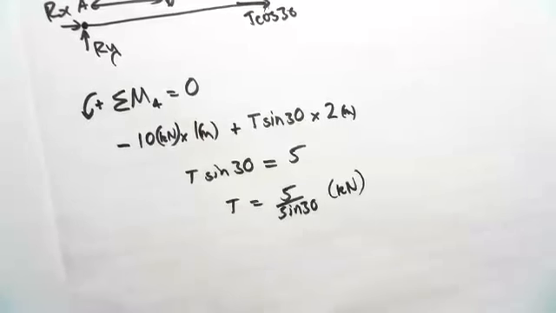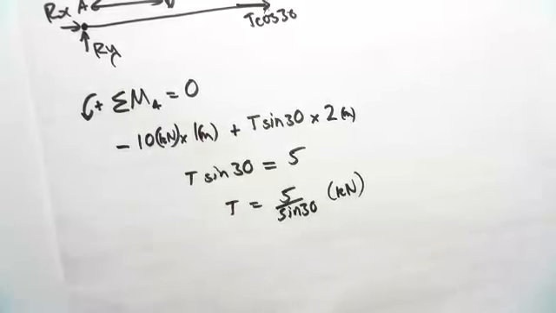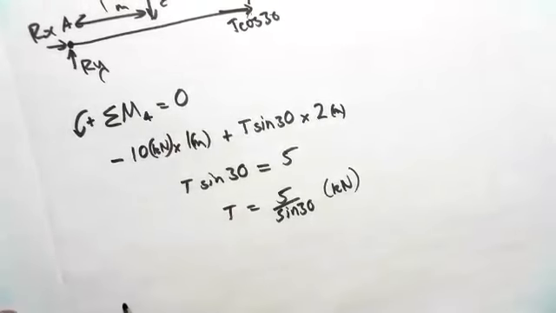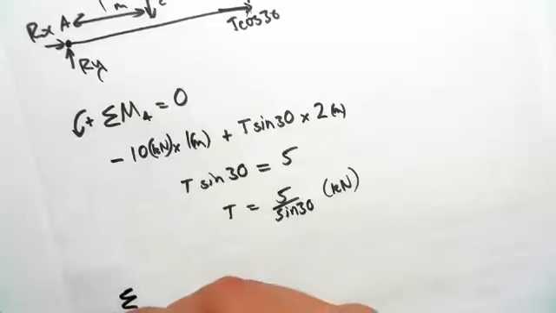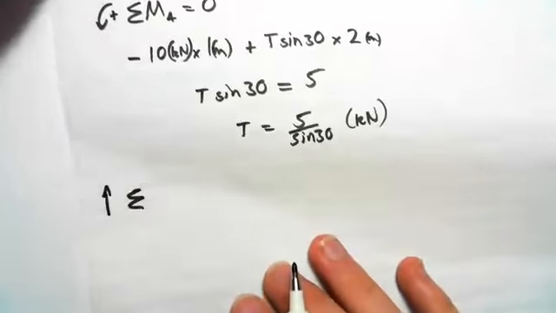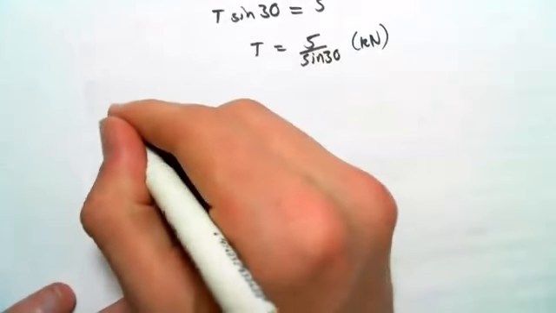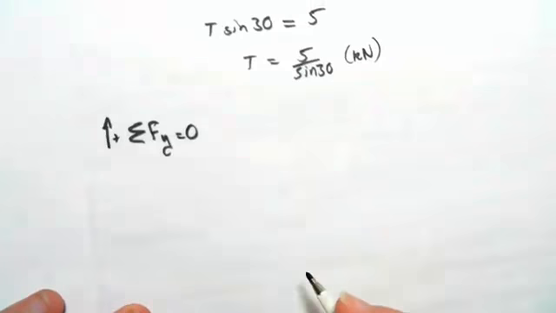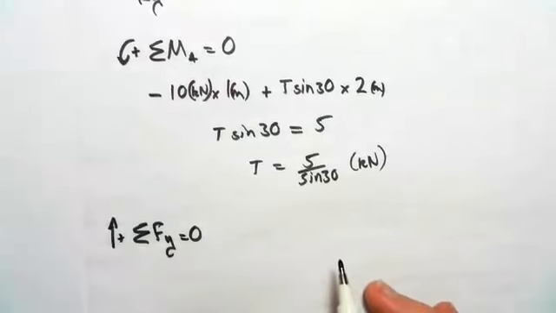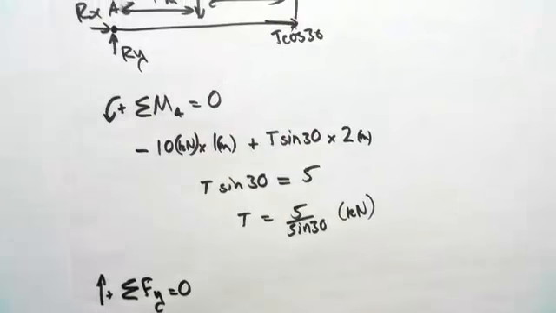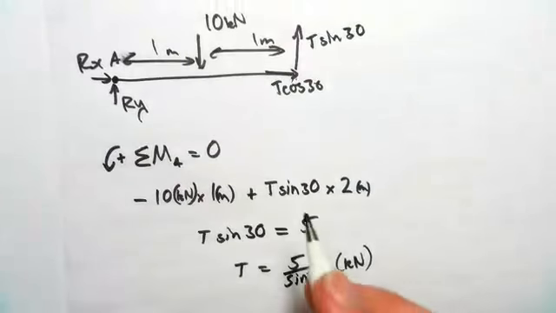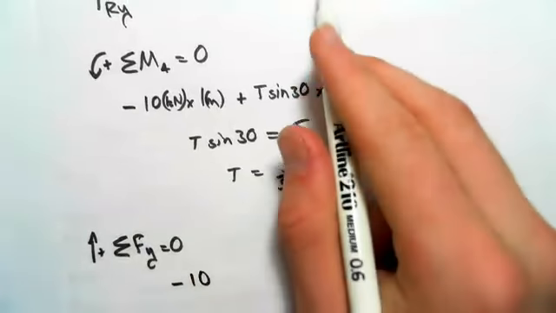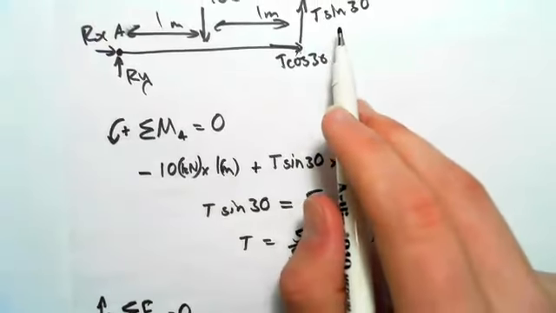So now that we know what T is, we can do global equilibrium for the sum of the forces in the y direction. Let's say this one's positive. So we have negative 10 kilonewtons here, so I'll just write in negative 10, plus this T sine 30 bit.